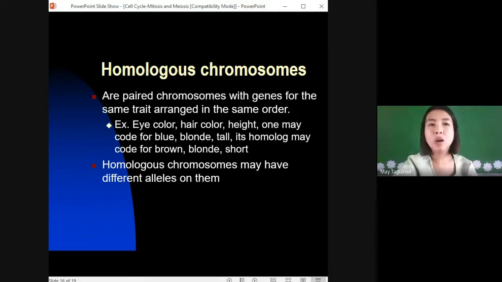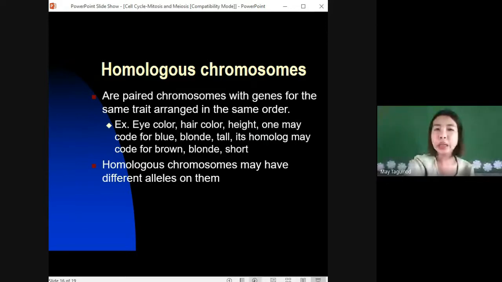Each homolog may code for brown, blonde, short. So homologous chromosomes may have different alleles on them. An allele is the gene form for each variation of a trait of an organism.